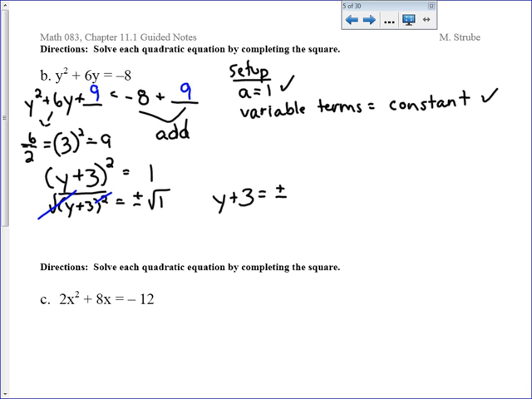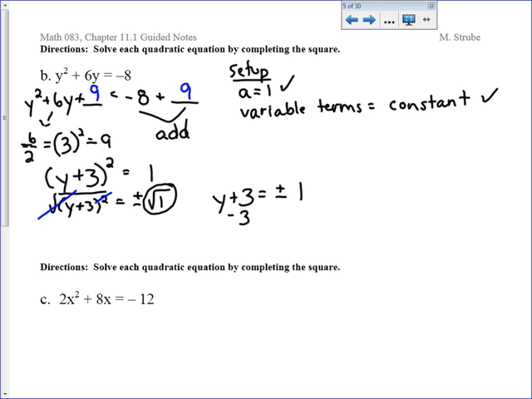equals plus or minus. Now you can leave the square root of 1 here. It's really up to you where you start simplifying, but if something's perfect, I tend to simplify it. I don't copy down the perfect square root. What's the square root of 1? 1. So I have y plus 3 equals plus or minus 1. And now to finish solving for y, we've got to subtract 3.